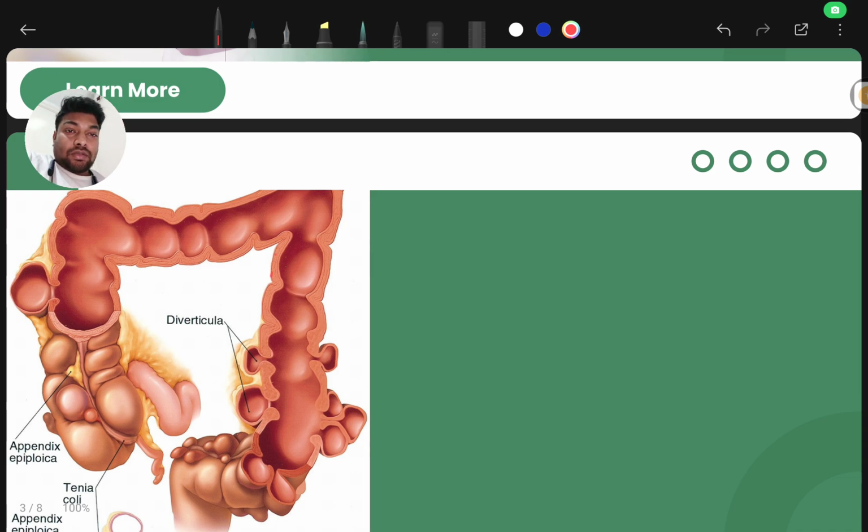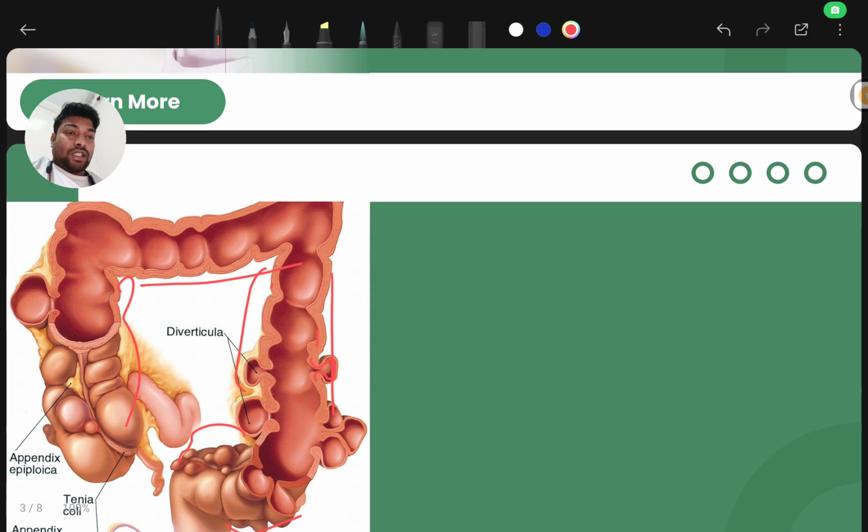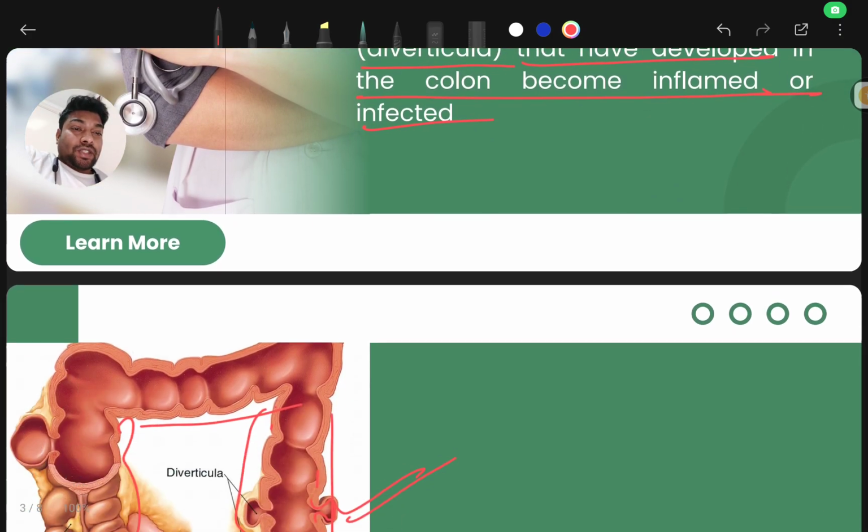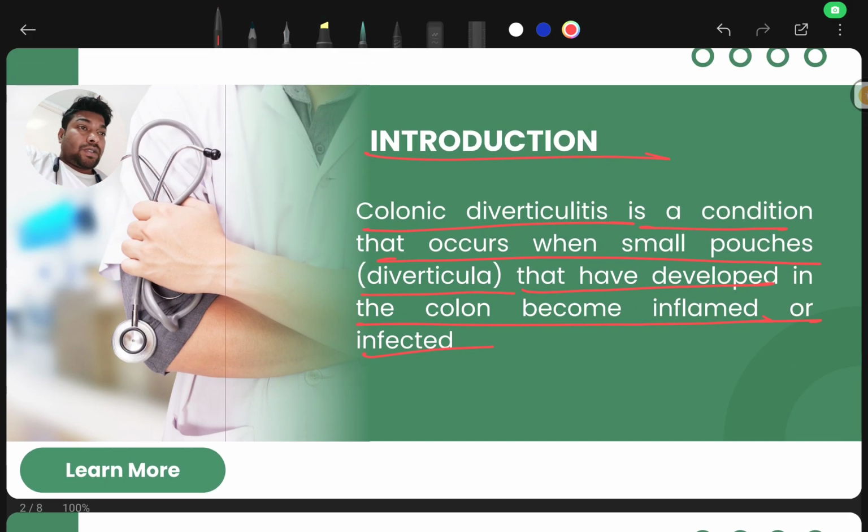here we have a large intestine, that is a colonic part, and here we have ascending, transverse and descending colon. Similarly, here we have sigmoid colon. Okay, and we can see here in the wall of colon that it gets diverted, or here pouches have been created in the wall of colon.